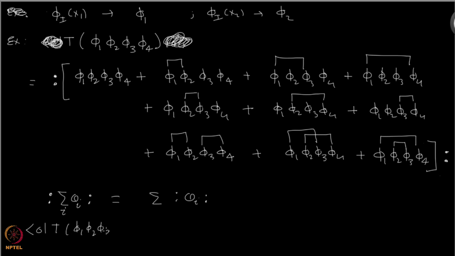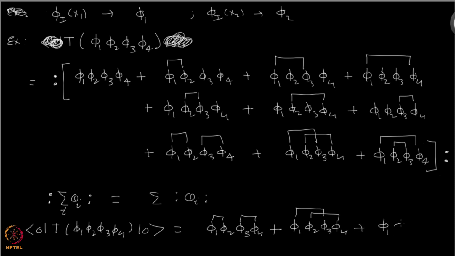So we have the result that the time order product of phi 1, phi 2, phi 3, phi 4 in vacuum is just the phi 1, phi 2 contraction and phi 3, phi 4 contraction, plus this and this, where I have used the fact that the vacuum norm is equal to 1.